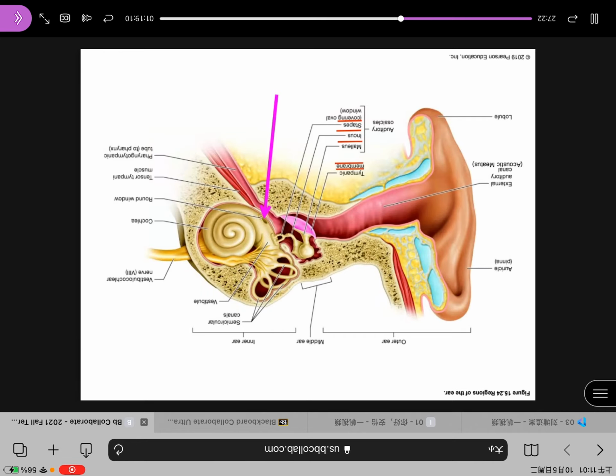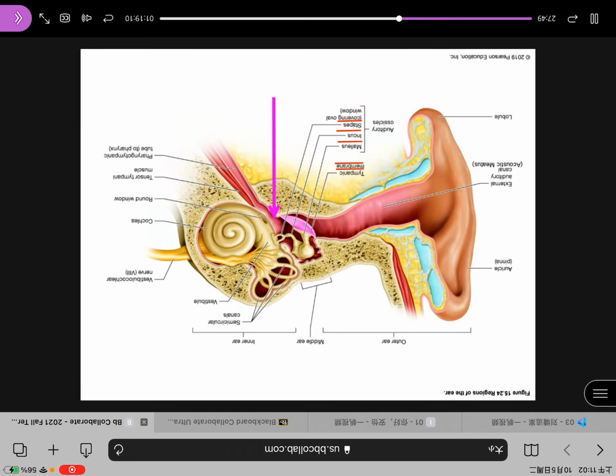One other important thing here within the middle ear, which contains our ossicles. At the floor, or the bottom, of the middle ear, right about here, we have an opening that leads into a tube.